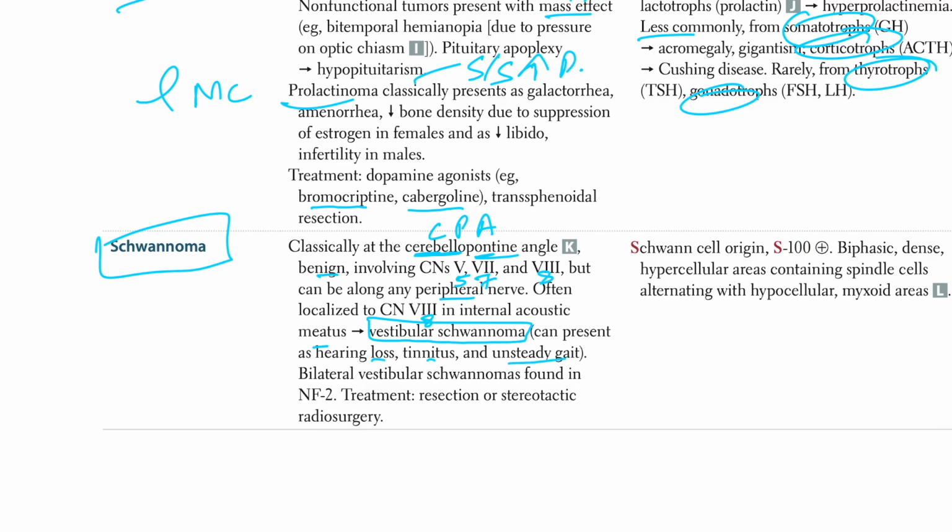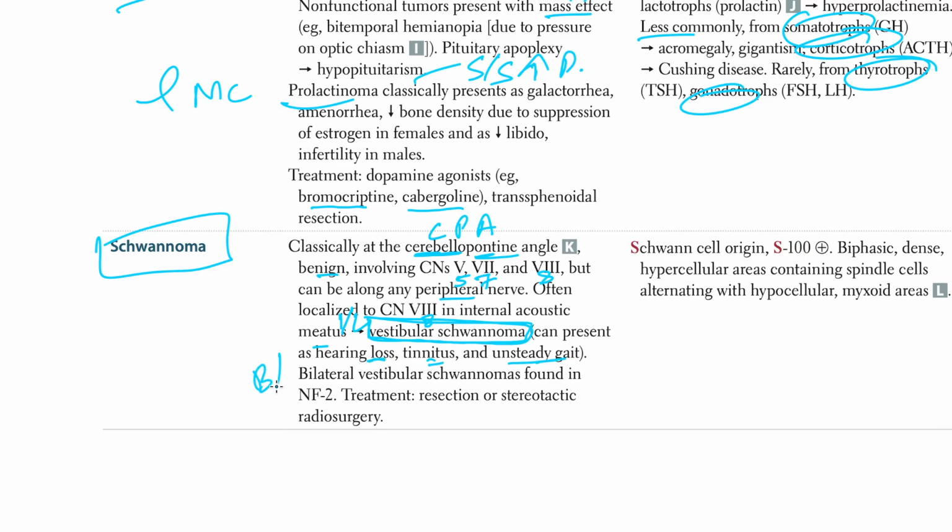Now again, I want you to think here, what you have here is going to be unilateral. If there is a localization to cranial nerve 8 in the internal acoustic meatus, named vestibular schwannoma, it is only on the one side. So it is an ipsilateral vestibular schwannoma that's going to present with hearing loss, tinnitus, and unsteady gait.